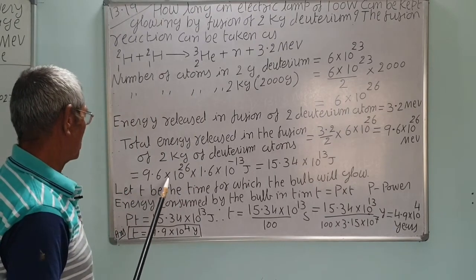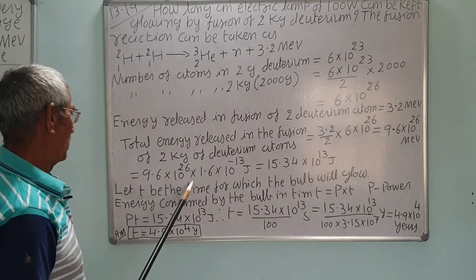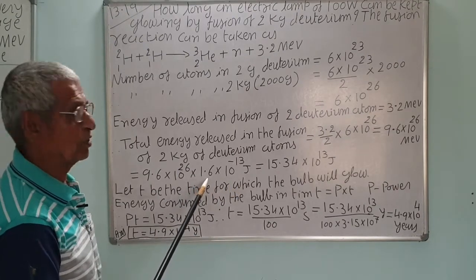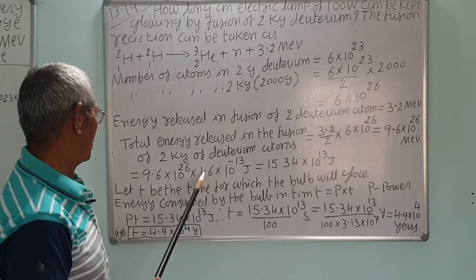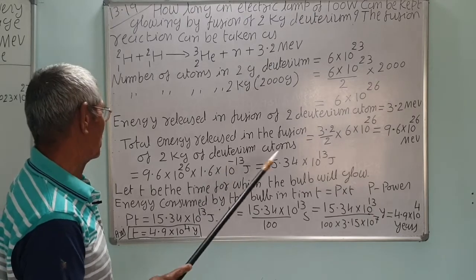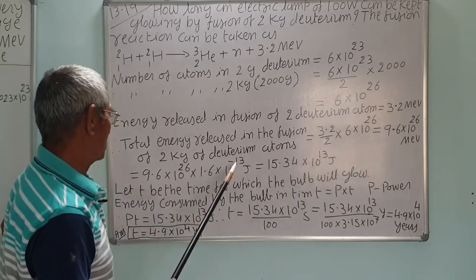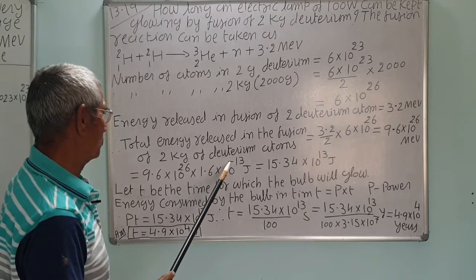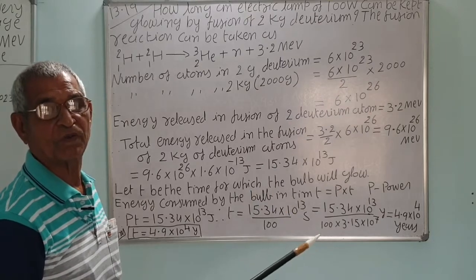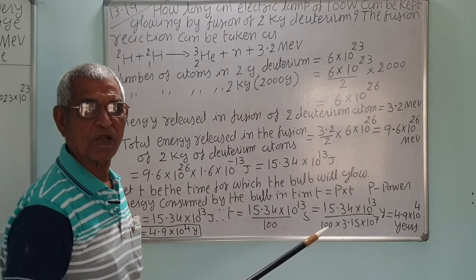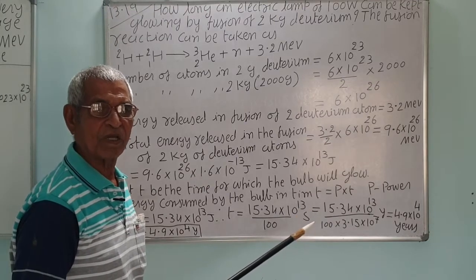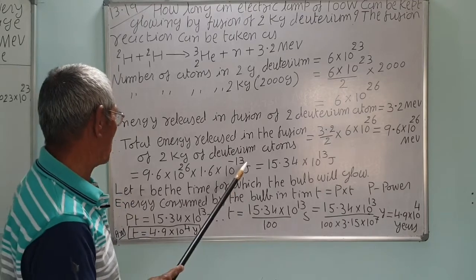That is 9.6 into 10 raised to power 26, converted into joule by multiplying by 10 raised to 6 for million electron volt and 1.6 into 10 raised to minus 19. So directly I have written 1.6 into 10 raised to power minus 13 joules. 1 electron volt is equal to 1.6 into 10 raised to minus 19 joules, so 1 million electron volt is 1.6 into 10 raised to minus 19 multiplied by 10 raised to 6, that is 10 raised to minus 13 joules.